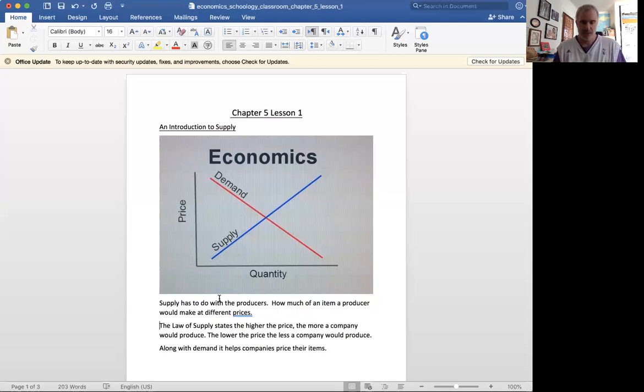So they said, hey, listen, 3M or whatever company makes these kind of masks, we need you to make more. And instead of paying you, I don't know, I'm making up numbers here, 10 cents a mask, we're going to instead pay you now 15. And because there was an increase in price, we're going to see that there was an increase in quantity supplied.